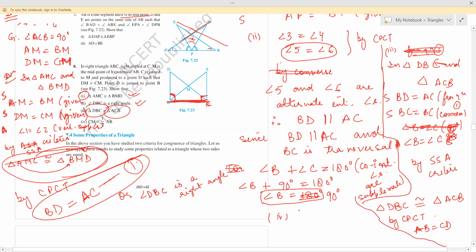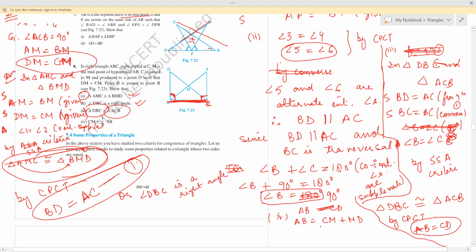Now come to part 4. We have already shown here that AB is equal to CD. Now can I break CD into 2 parts? I can write CM plus MD, right? I'm just breaking it into 2 parts. Now where have we shown that these two sides are equal? Oh, it is given. See, CM is equal to DM.